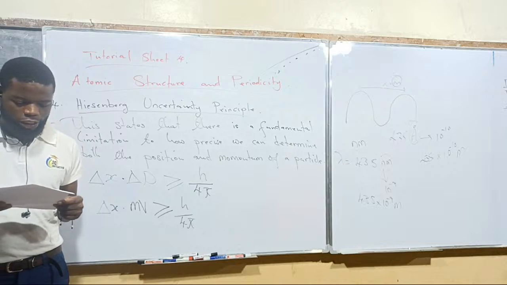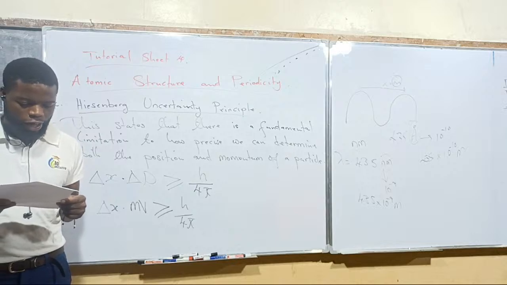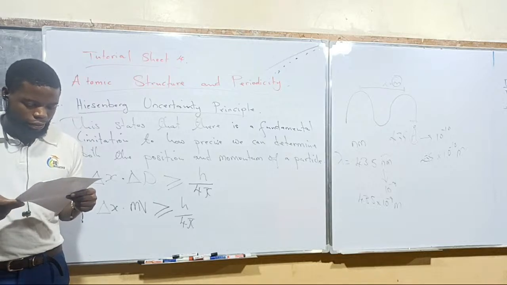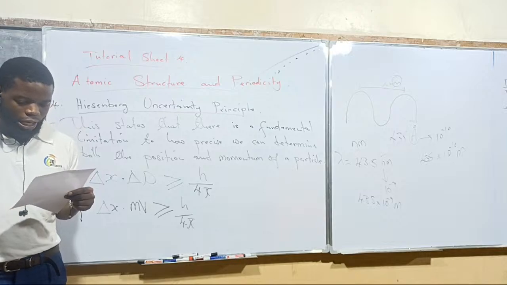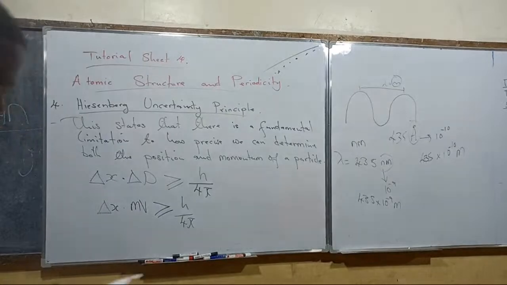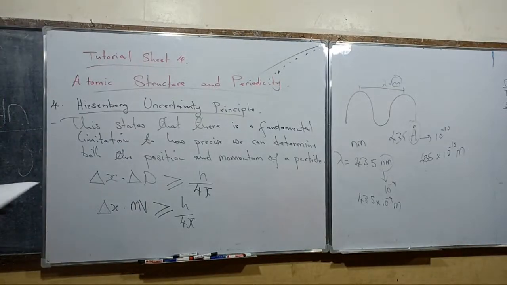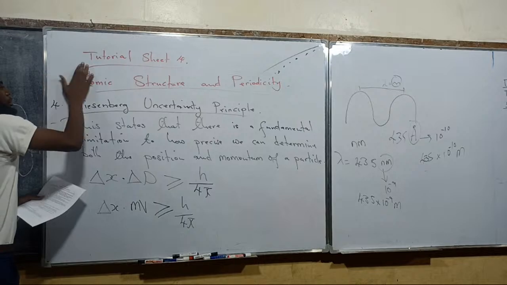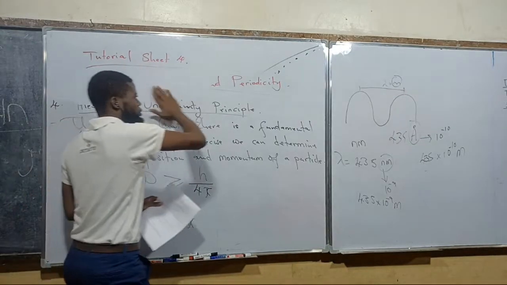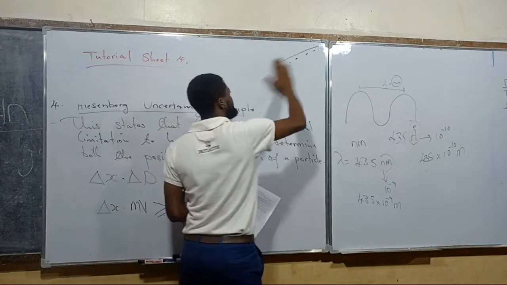We're going to skip questions 3, 4, 5 and jump to question number 6, and then we close. So question number 1, 2, and question number 6. We'll check out question number 1 from tutorial sheet number 4.